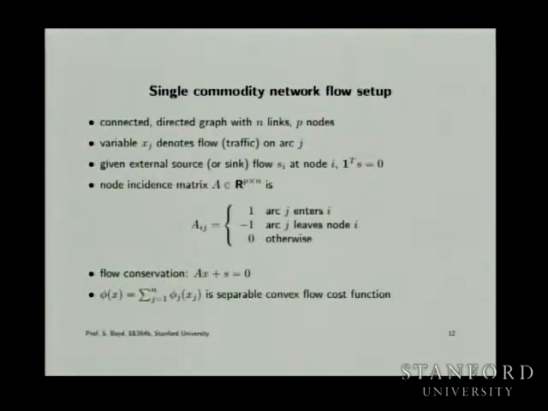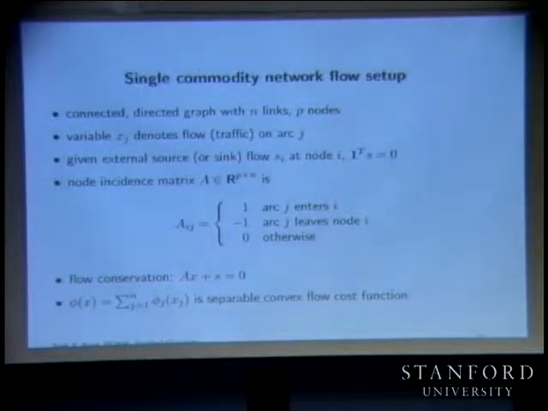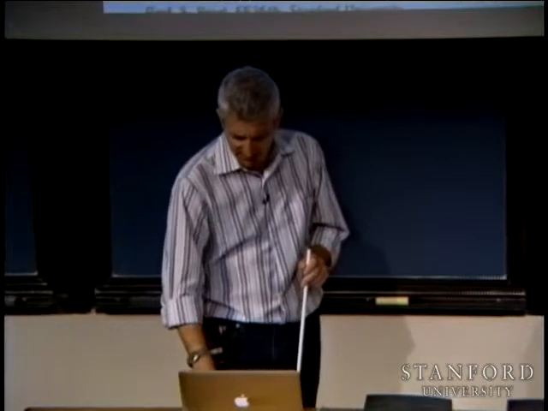If you wanted a picture for this, it could be a wireless network, and this could be the power required to support a level of flow. In a wireless network, if you're transmitting a megabit per second, you calculate on your rate curve what power it takes, and then this would minimize the total power on the network, for example. That's the rough idea.